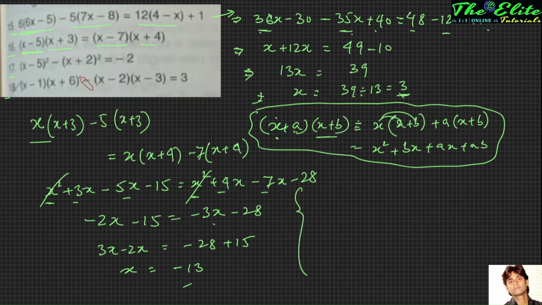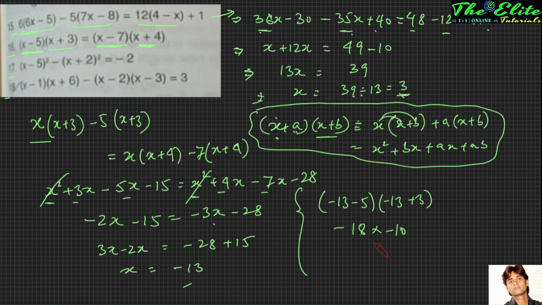How? See, if I put here minus 13, what will be the scenario? Minus 13 minus 5. Okay. Minus 13 plus 3. Whatever it comes, we have to find out, and then again we will find the value of the expression on the right hand side. It is minus 18 multiplied by, how much? 10?